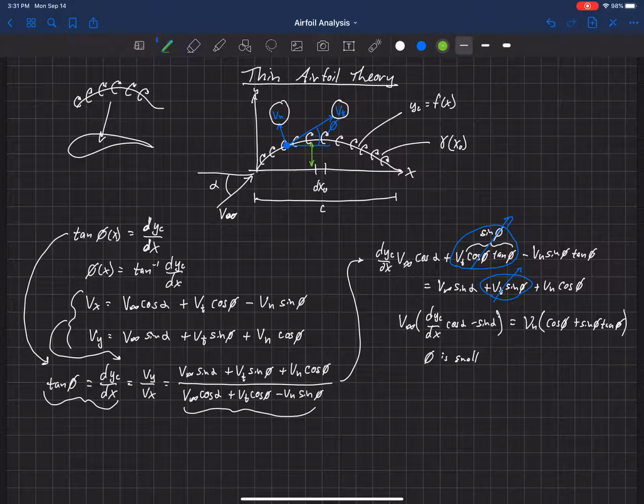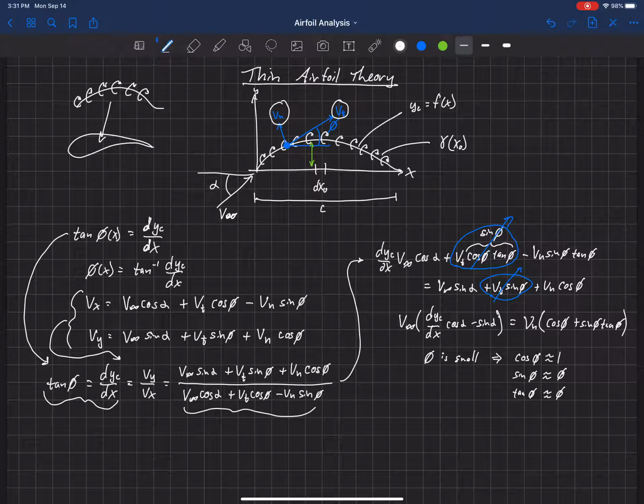So if we say that phi is small, then we can use a small phi approximation. That is that cosine of phi is very near to 1, and that sine of phi can be approximated by phi itself, and that the tangent of phi is also very close to phi.